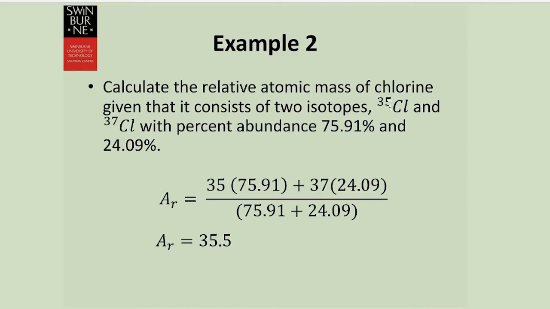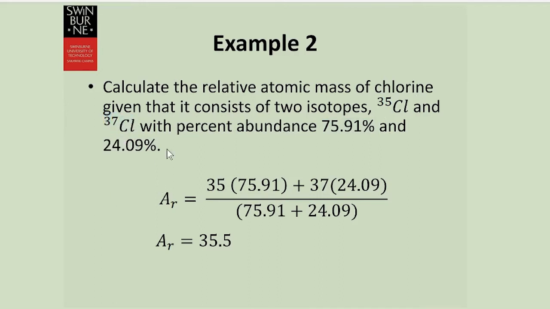So 75.91% of chlorine 35 can be found in nature, and 24.09% is chlorine 37, right?